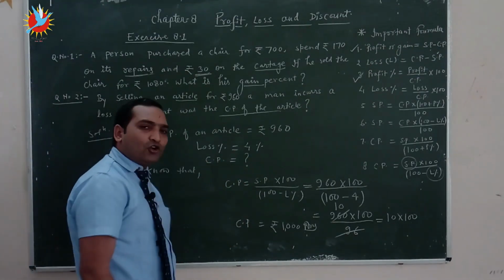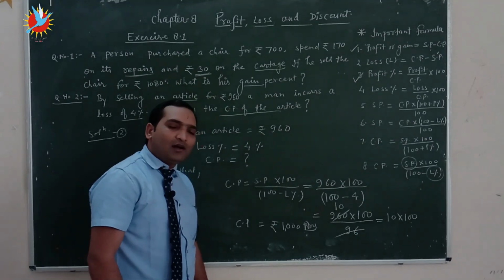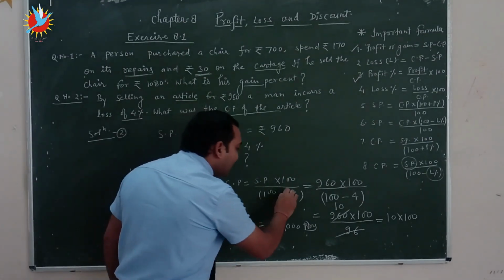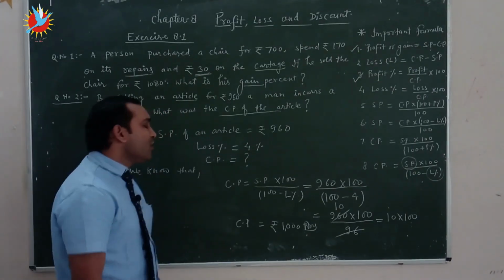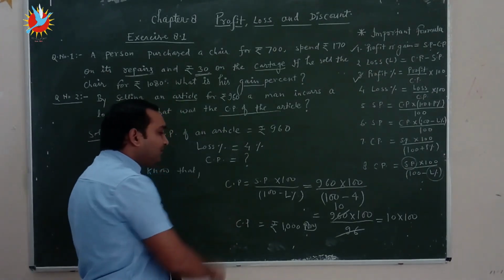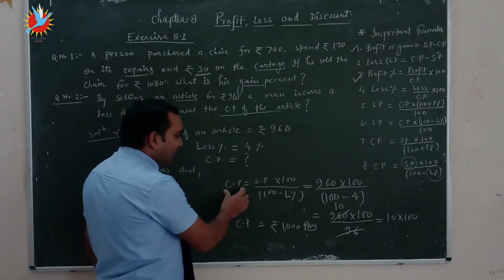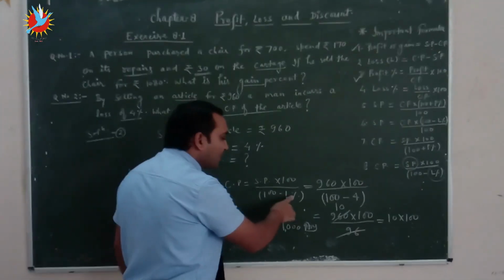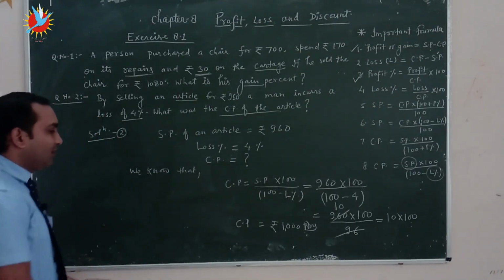By the formula we can solve easily. Cost price is equal to selling price into 100 upon 100 minus loss percent, and when the profit percent is given, we use the formula CP is equal to SP into 100 upon 100 plus profit percent.